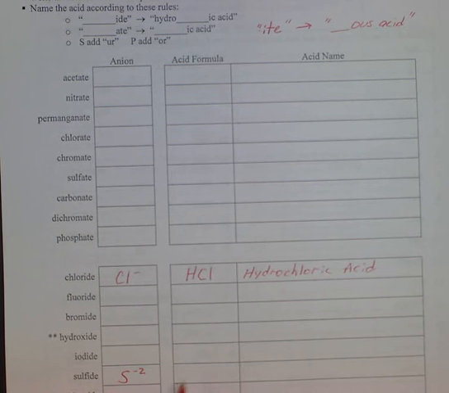Now in order to write the formula, hydrogen, which is +1, sulfide, which is -2, I'm going to need 2 of the hydrogens. So we have to balance our charges like we do for the ionic formulas when we're writing acids. So H2S is the formula for this acid.